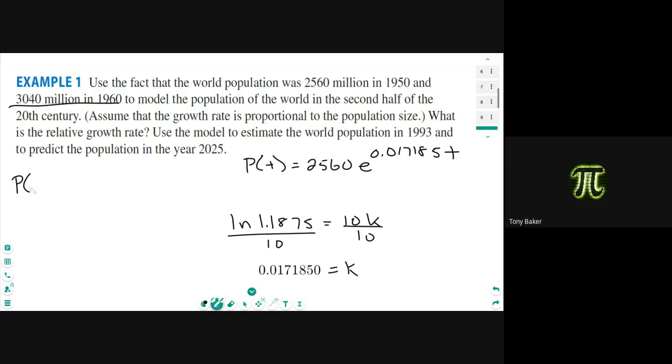So 1993 is going to be what for T? This is where it's really easy to screw this up. It's not 93. It's 43. It's really easy to use the 93. And then for 2025, 75 and not 25.